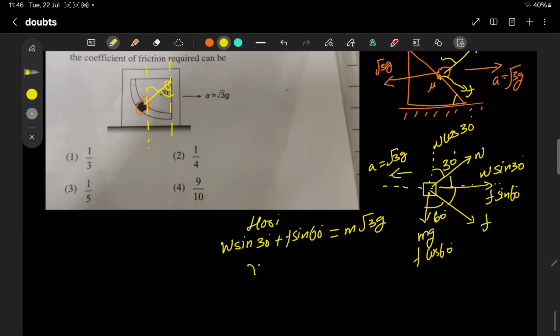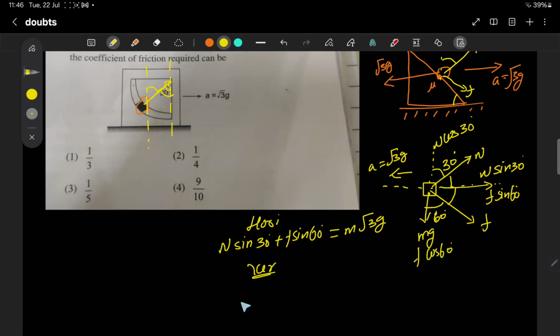At the same time, if you write for vertical, in the vertical direction we have N cos 30, f cos 60, and mg. The block is at rest in this direction, so it should be equal.